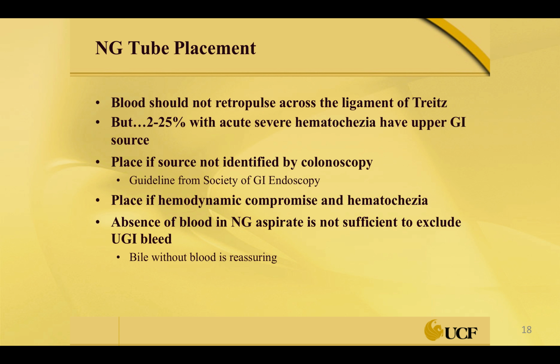Colonoscopy is the gold standard for lower GI bleed diagnosis. We can do a sigmoidoscopy, a whole colonoscopy. We can also use capsule endoscopy, or push enteroscopy, or double balloon enteroscopy.